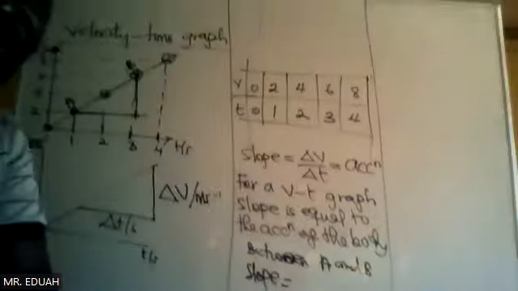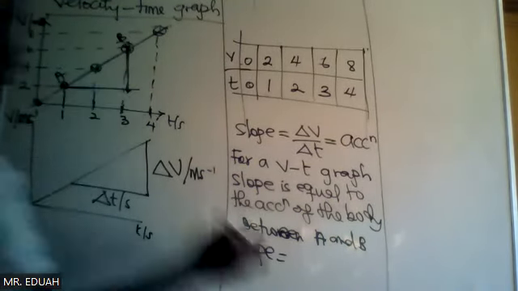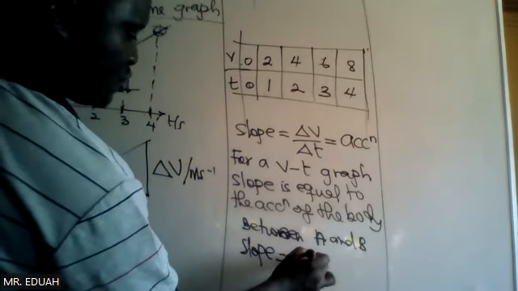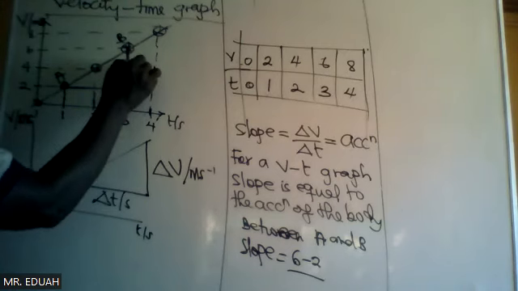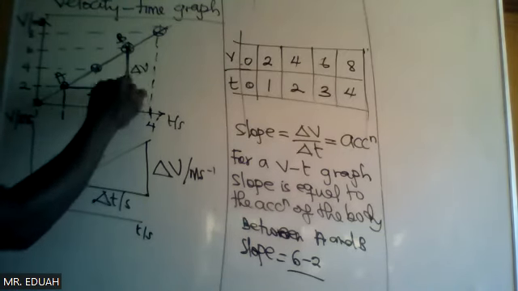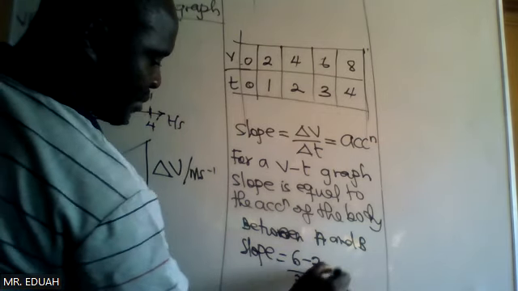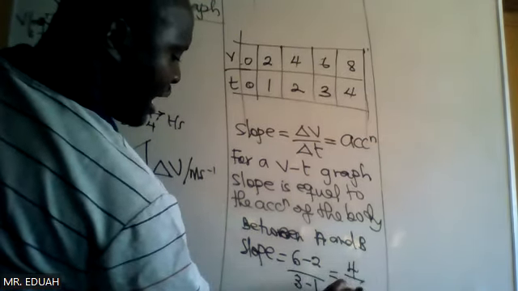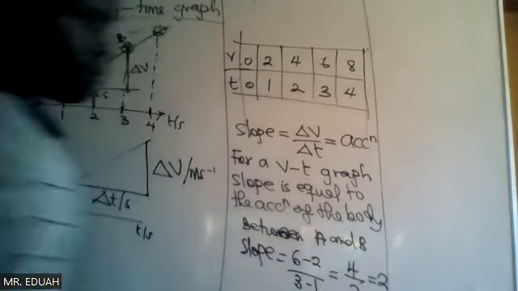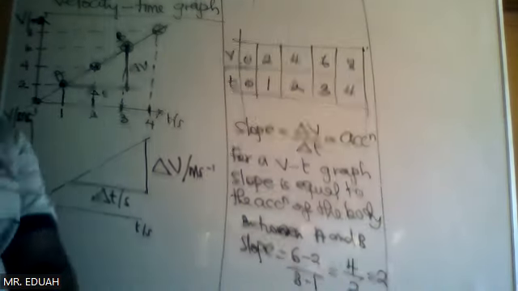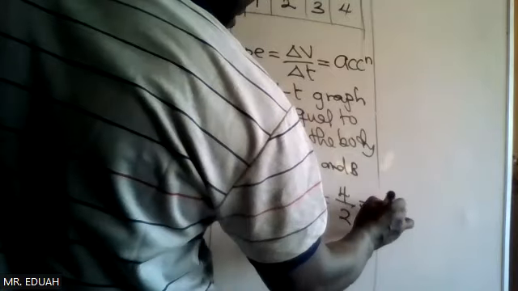What is the change in the vertical? That's 6 minus 2, over change in the horizontal. This is 3 minus 1. So 4 over 2, and this is equal to 2 meter per second squared.